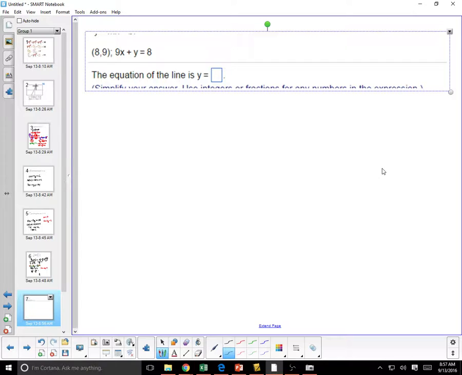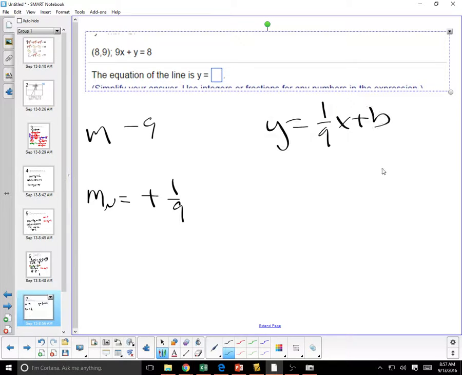So let's find the slope of this line, which is going to be -9. So that's the slope. I want it to be perpendicular, which means I'm going to call this M, the new one. The opposite of negative is positive, and if I flip 9, I'm going to get 1/9. So that means my equation should read y equals 1/9 x plus b. And x would just be 8, right?